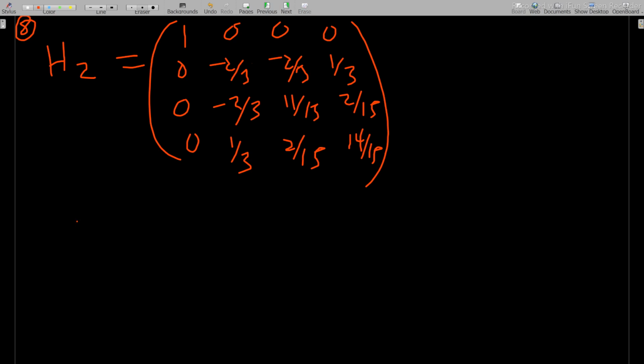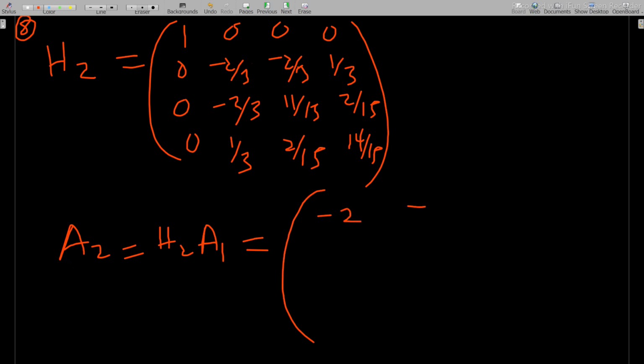So it means my a2 here should be equal to h2 a1. We know a1, we now know h2, and if I go and multiply h2 and a1, I'm supposed to get -2, -3, -2, 0, 0, 0. Here already you know that.